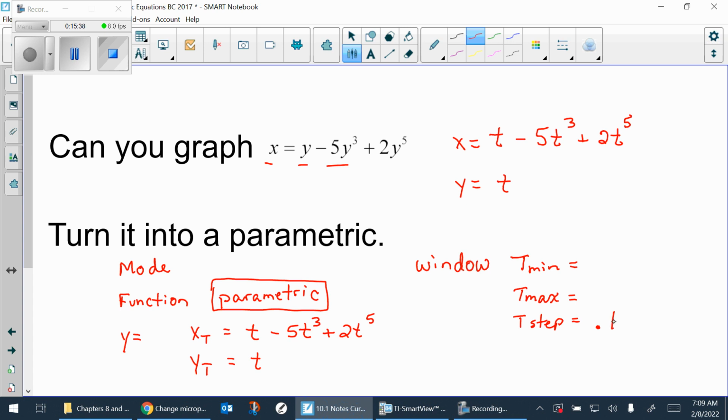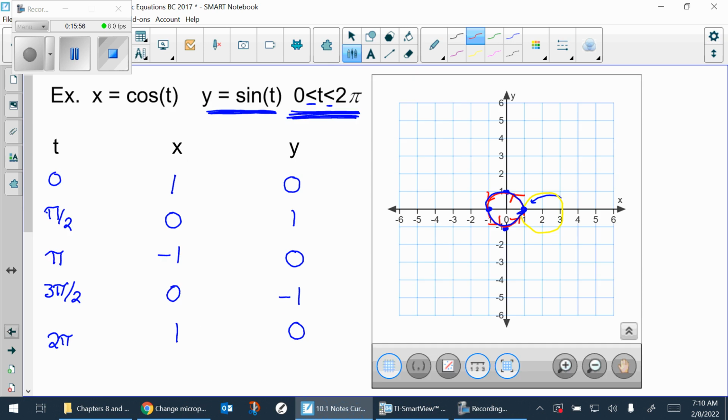I like to use T step of 1. And then you'll set your X min, your X max, X scale, Y min, Y max, Y scale. And you might even practice this by using something like this.